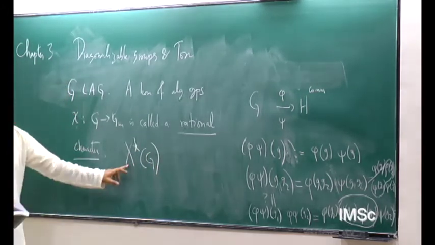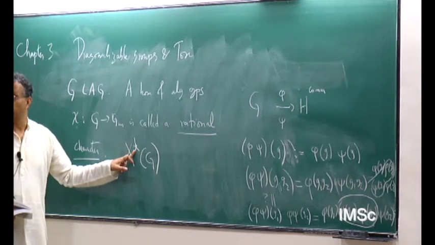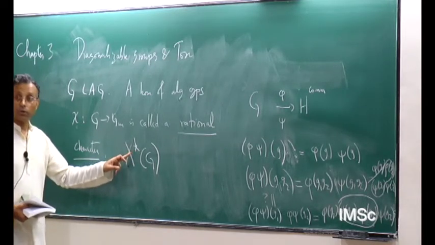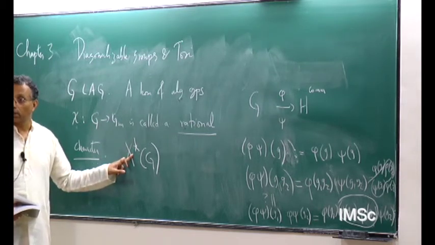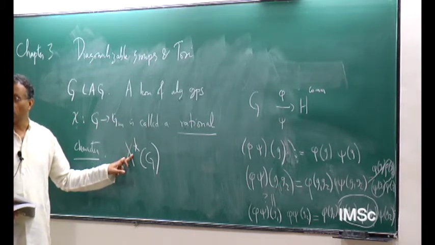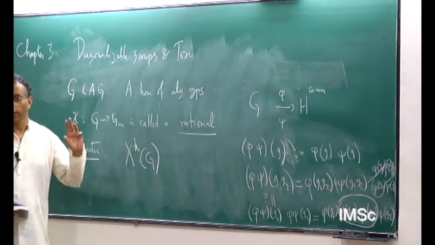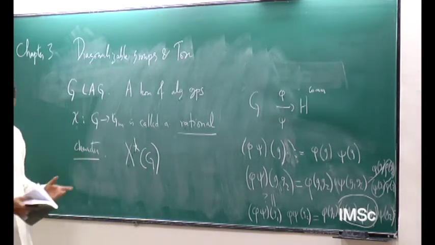Okay, now X star G. This is a capital X with an upper star. Why should you write a star above? Because you'll see that it is a contravariant functor. That's why it's written with an upper star.